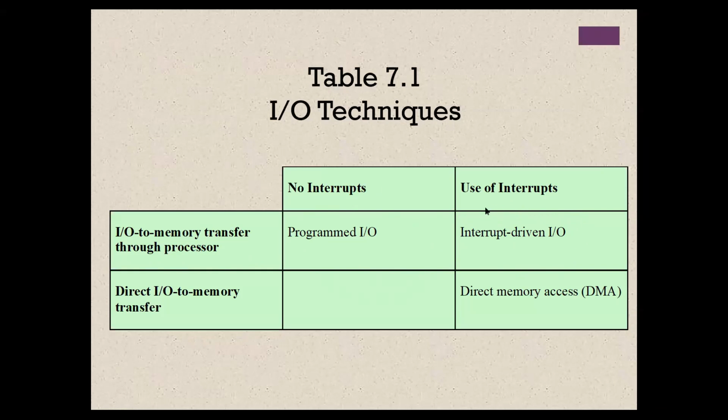If you recall, when we met it the first time, we simply called it interrupts, where we varied the instruction cycle. And then in a direct I/O to memory transfer under the permission of the processor, we call it DMA, direct memory access.